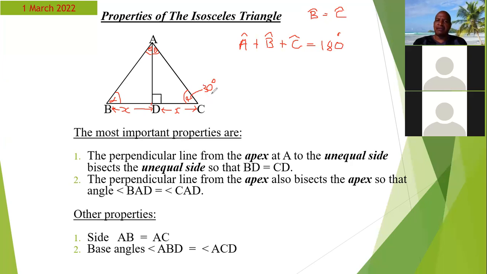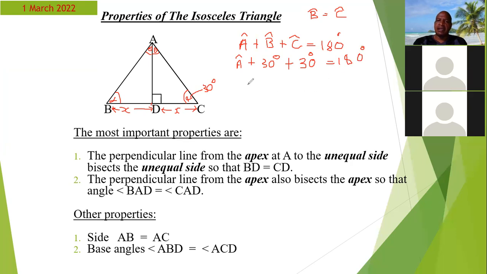So given base angle C, we can automatically write the apex angle plus 30, because B will now be automatically 30 degrees, plus 30 degrees again, because C is the base angle given as 30. And we know that that would be equal to 180 degrees.